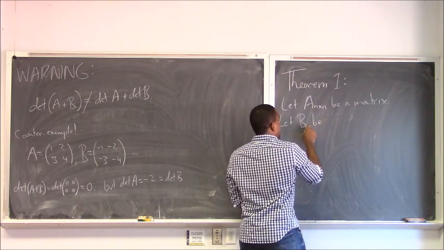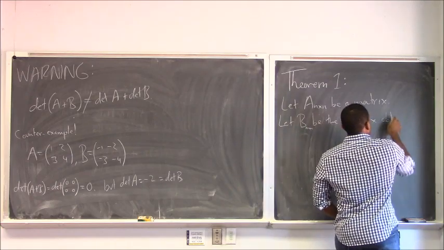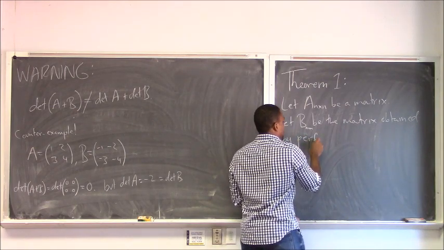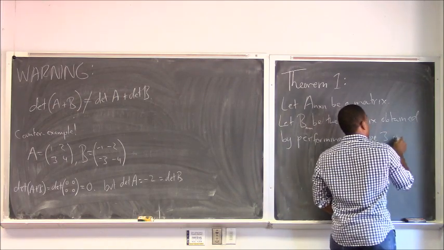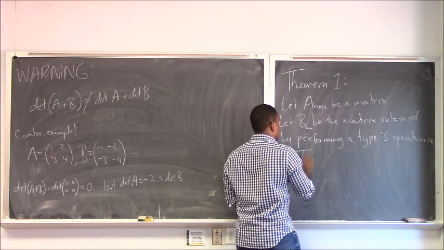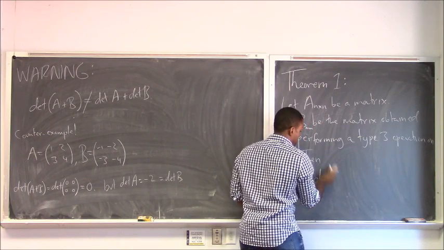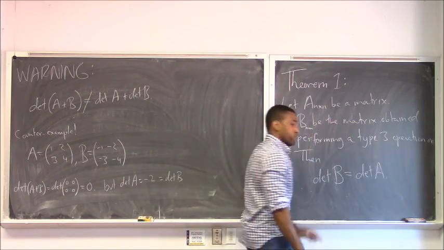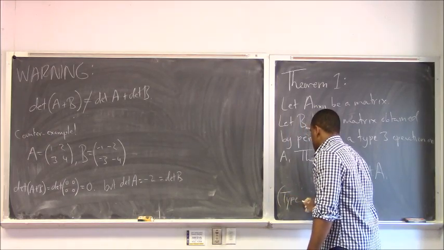Let B be the n by n matrix obtained by performing a type 3 operation on A. Then the determinant of B will be exactly equal to the determinant of A. Basically what I just said, type 3 operations do not affect the determinant.